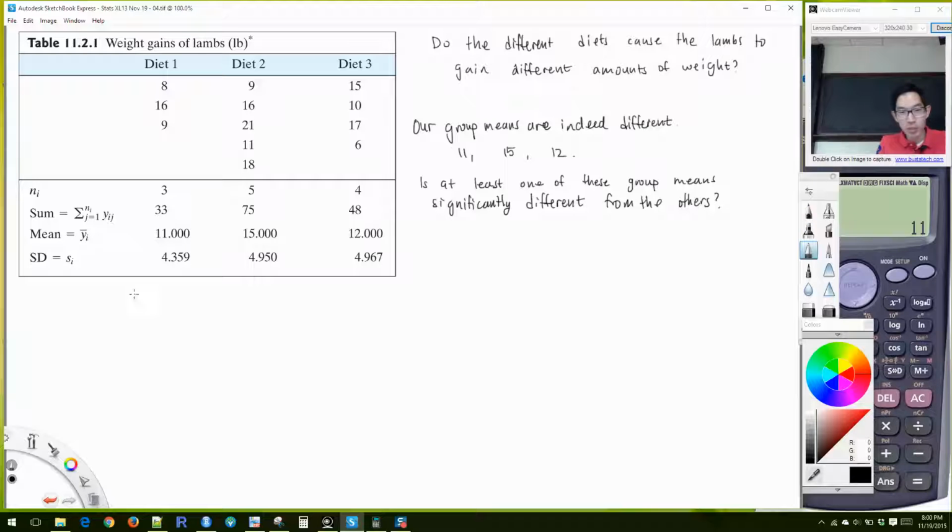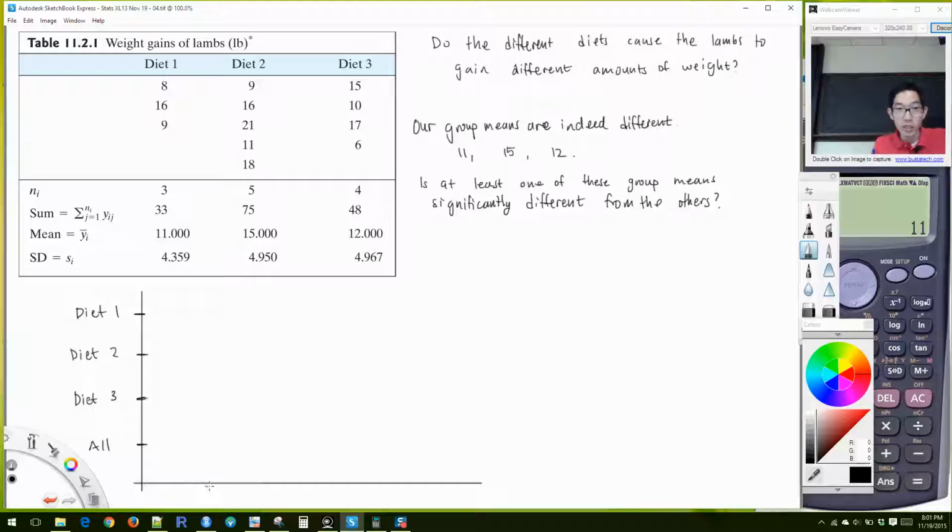Well, let's see. What I'm going to do is create a dot plot here. This will be diet 1, diet 2, and this will be diet 3. And then here I'm going to put all of them together in one.